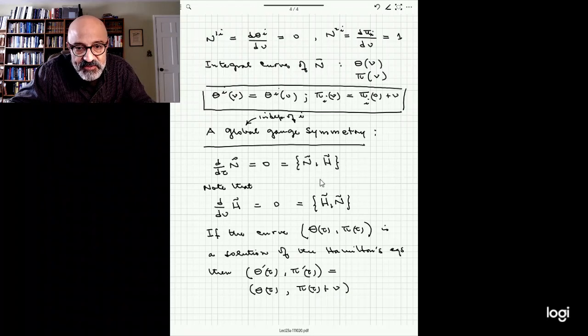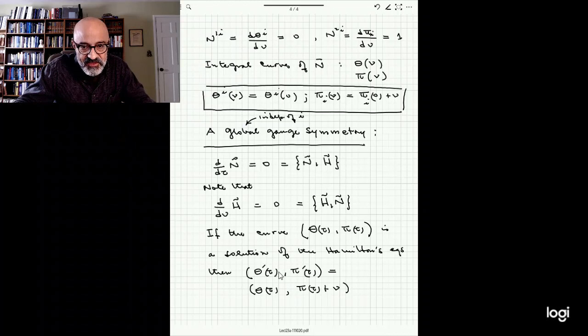Which is exactly what we had there. So if this curve is a solution, then this curve is a solution too.